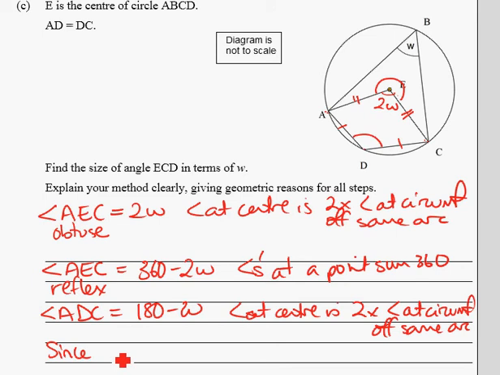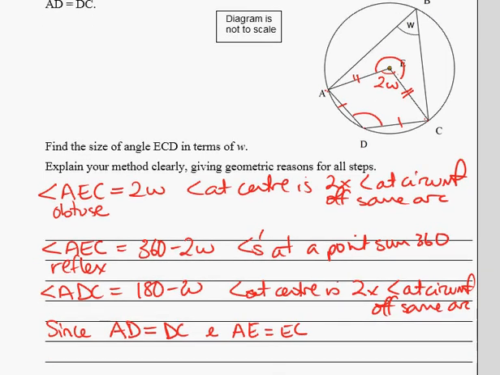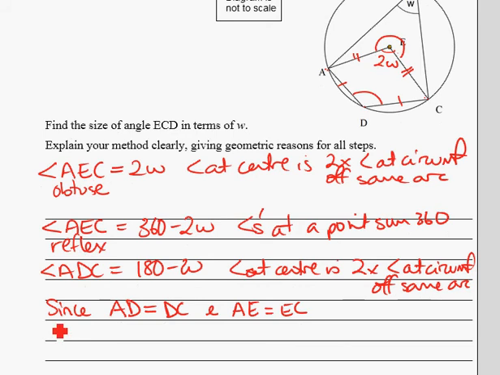Since AD equals DC and AE equals EC, then angle DAE must equal angle DCE.